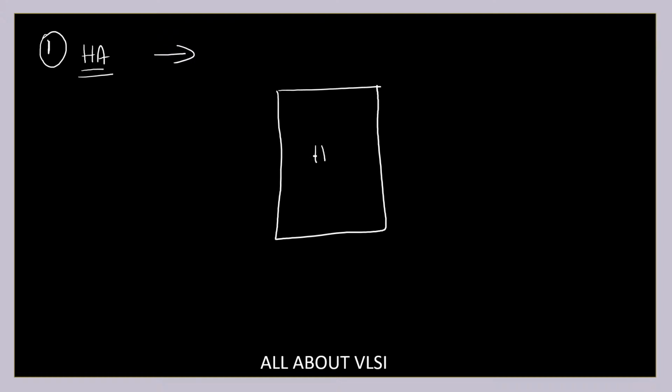Now, first of all, let us look into what kind of circuits we are going to use for performing addition. The first basic circuit is known as the half adder. First let me draw the block diagram of this half adder. It is going to have two inputs, A and B, and it is going to have Sum and Cout.